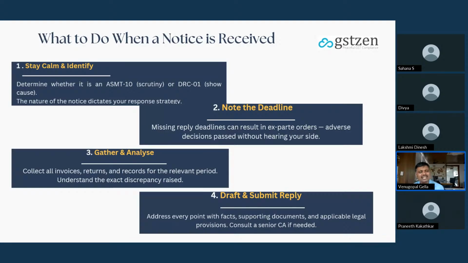Whether those timelines have been adhered to, the period for which the notice is being called for, has there already been another assessment? If there is an audit currently going on, can another officer come and say that I would do an investigation? Are parallel proceedings permitted? I am subject to SGST jurisdiction, but a CGST officer is calling and asking for information. Look at all the technical aspects of it.